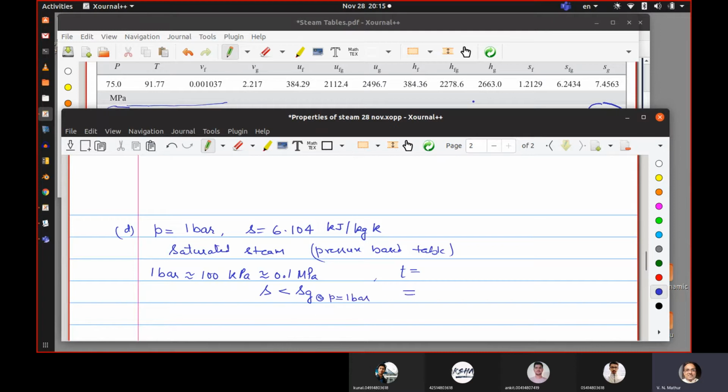So this tells us that the steam is wet. Steam is wet means we need to calculate the dryness fraction. It's not superheated.